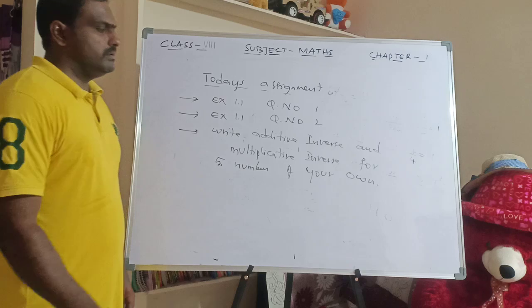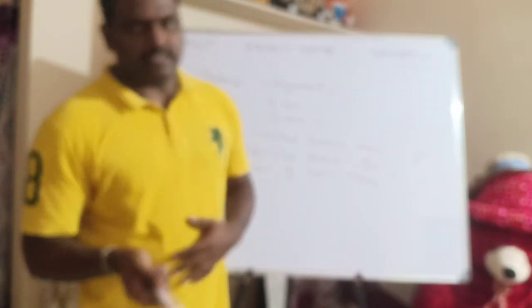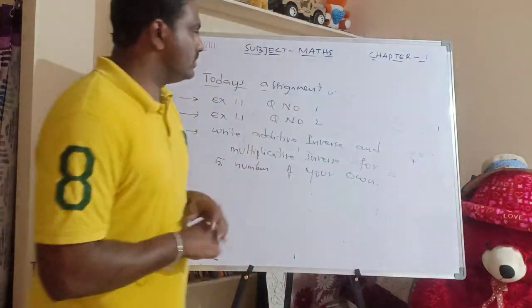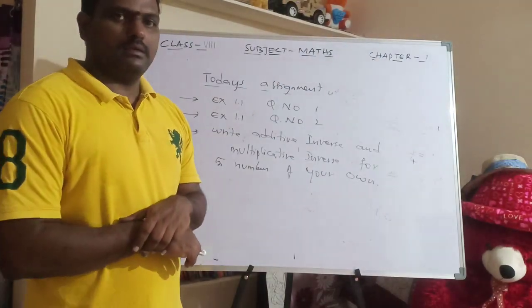You take any 5 numbers, your wish. You can take a number, a fraction, a minus symbol, a plus symbol, whatever it may be. You take 5 examples, like in question number 2, and write both the additive inverse and multiplicative inverse for the following.